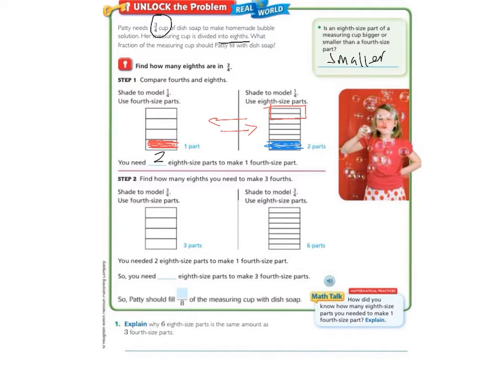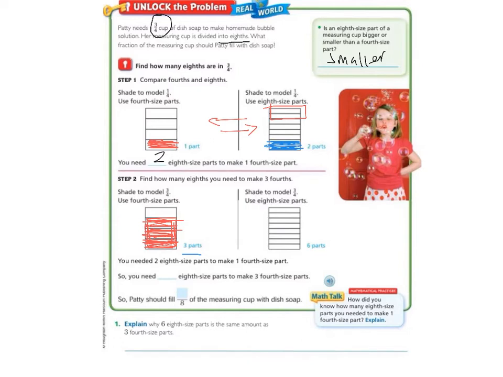Step 2 says find how many eighths you need to make 3/4. So if we colored 1/4 and that was only 1 part, well then on the right we need to color 3 of them to make 3/4. Okay, and then think if I was filling 1 part and it took me 2 on the left, then I need 2 parts for every 3 over here.